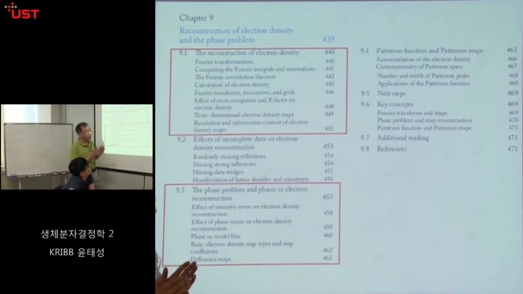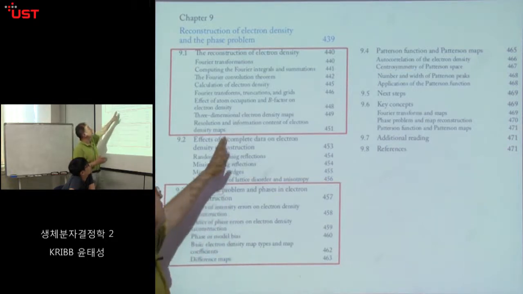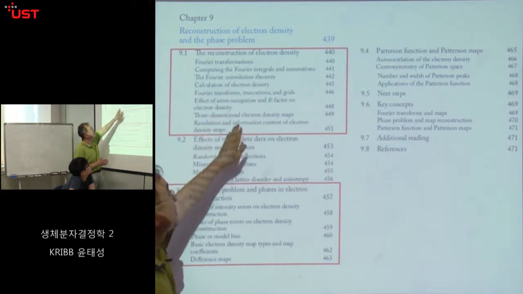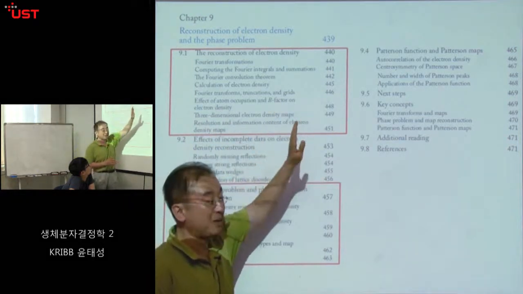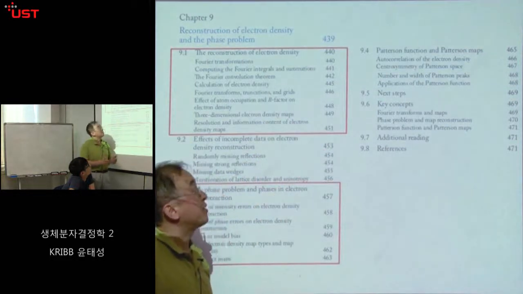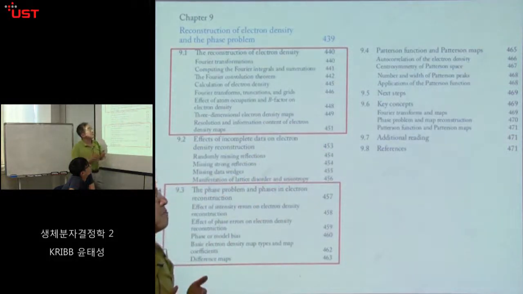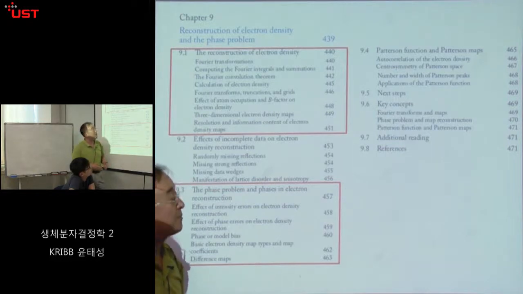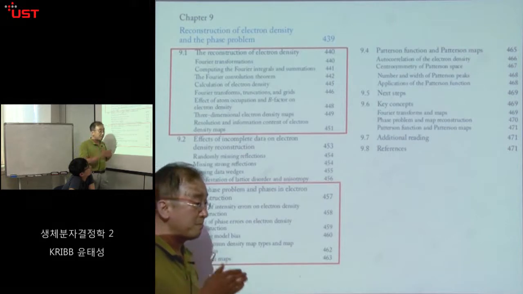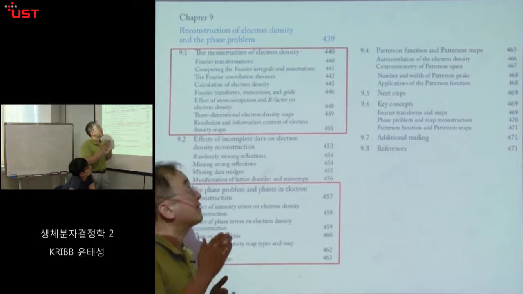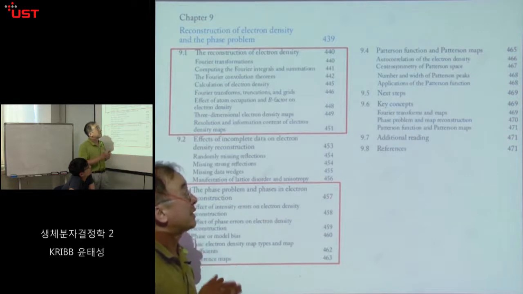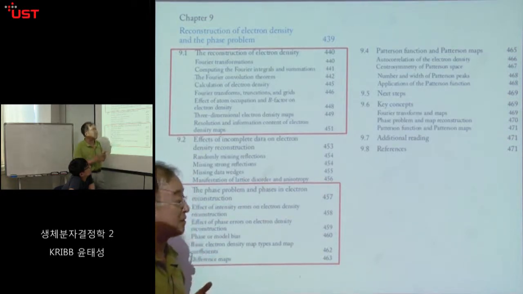Now I'm trying to share symmetry in vocabulary: electron density map, and Patterson function and Patterson map. Although you may not learn something about Patterson function and Patterson map by this kind of analogy, you may be able to predict what the function is in Patterson space.